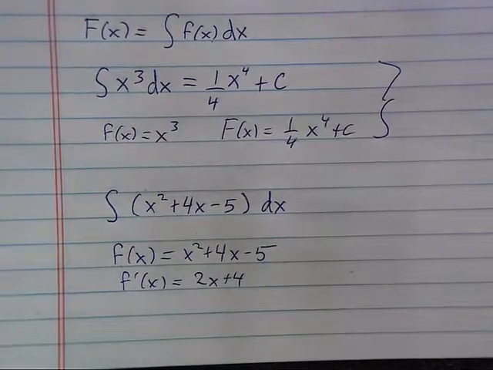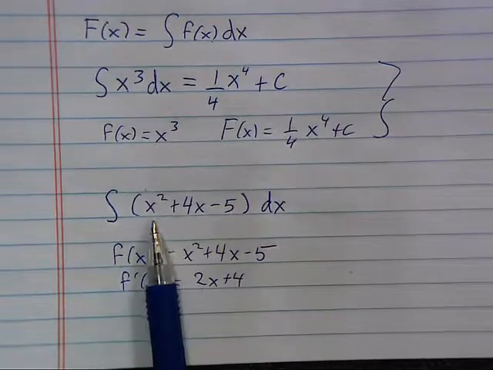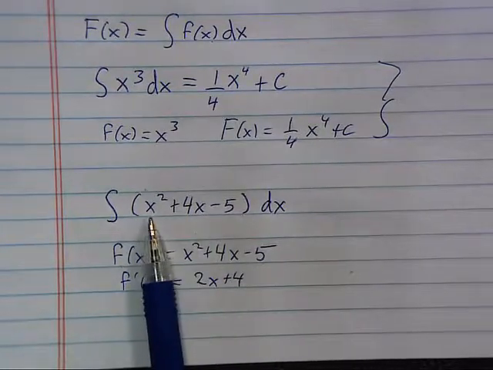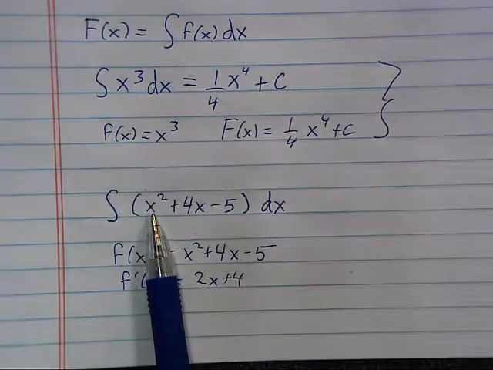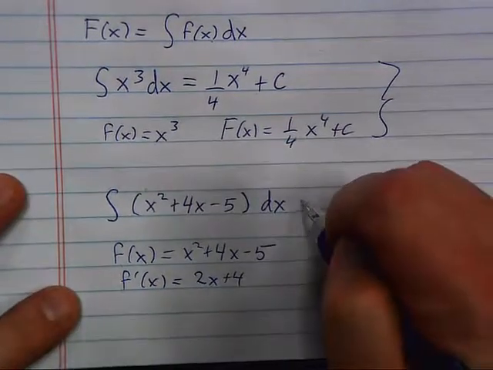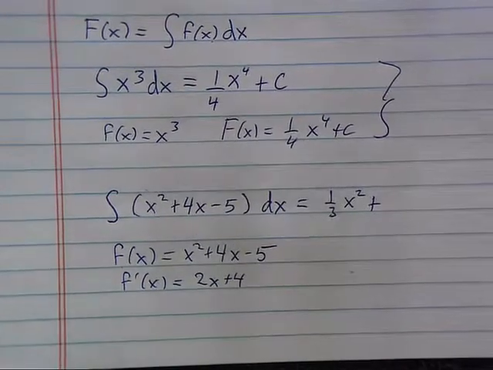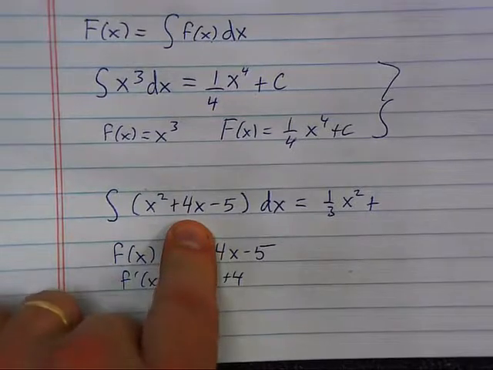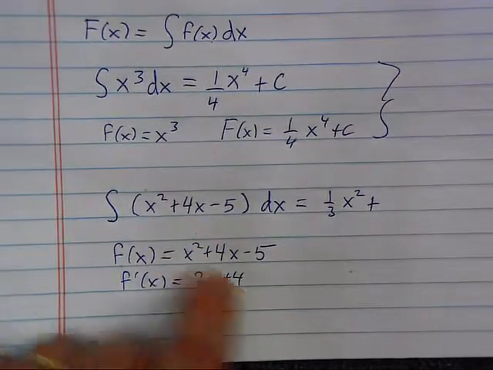Same thing works with antiderivatives. As long as you're adding and subtracting, to find the antiderivative of something like this, you simply find the antiderivative of each piece. So what's the antiderivative of x squared? 1/3 x cubed. Plus 2x squared. Excellent. Why is it 2x squared? The 4 stays, just like it does with derivatives, the 4 stays with antiderivatives.